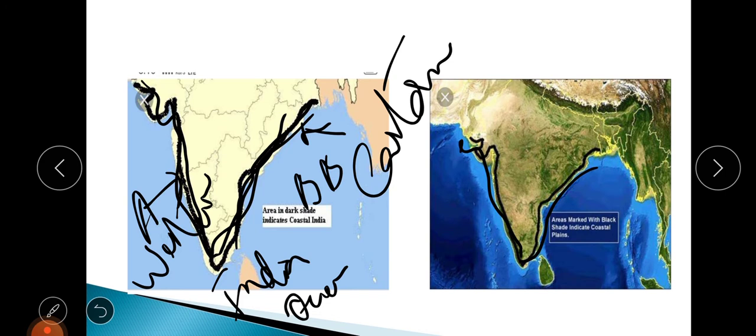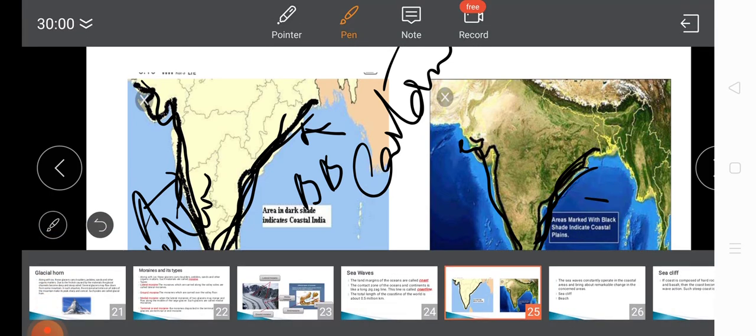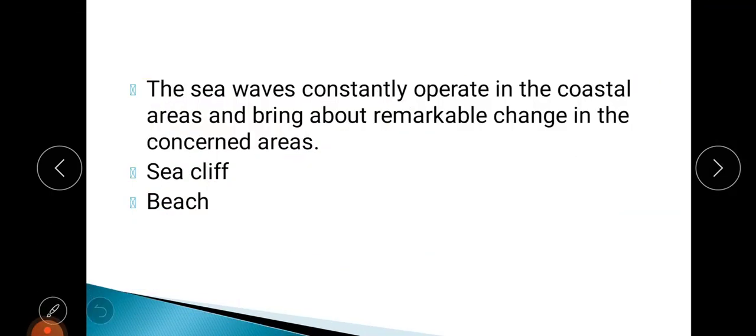So the coastline is where the landmass is in contact with the ocean or sea. In the oceans we often observe sea waves, and because of these sea waves, various types of erosional and depositional features are formed in the nearby sea area, that is, the coastline.